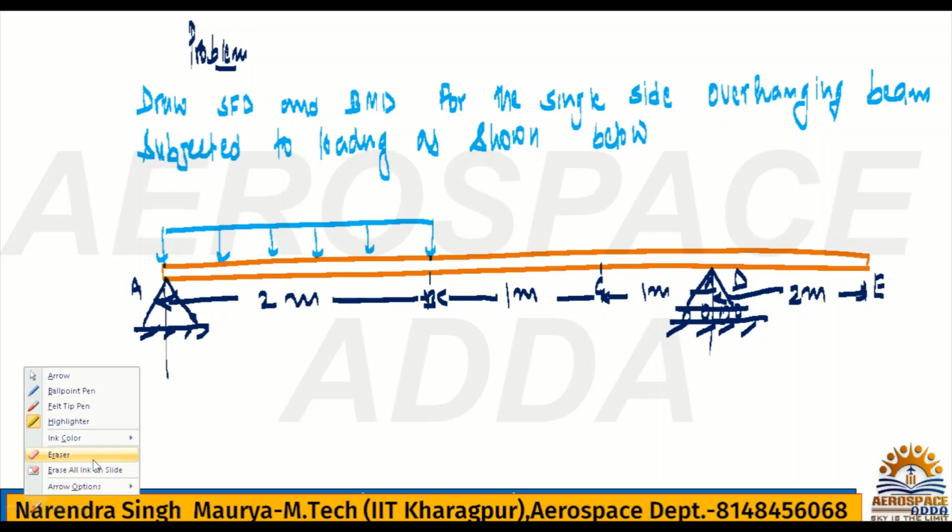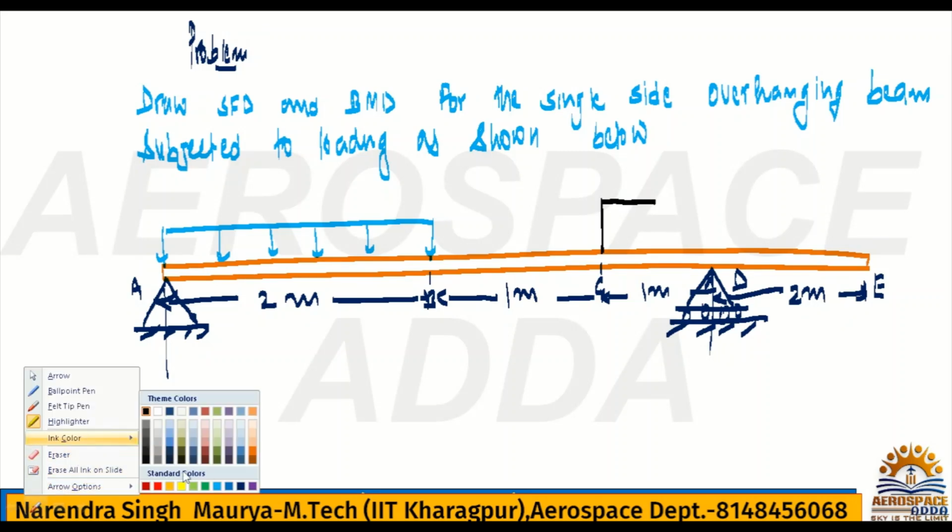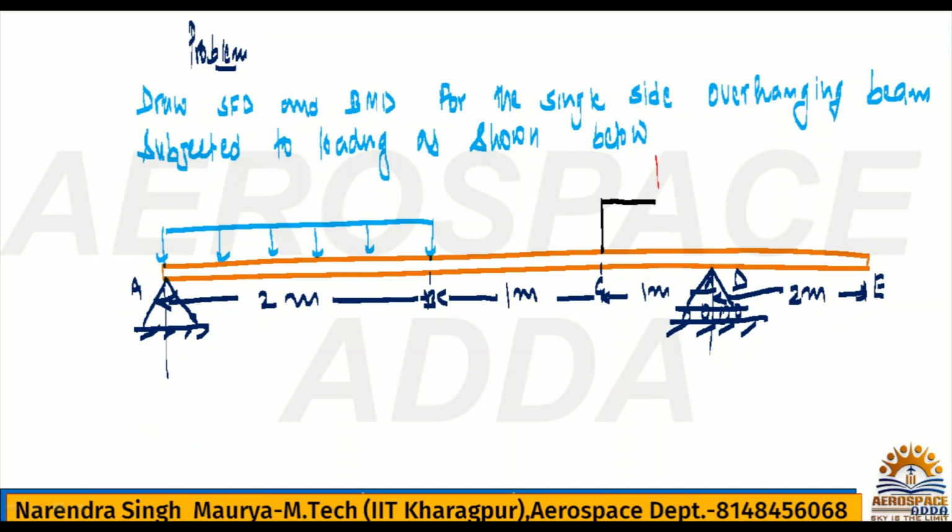And at point C, this type of load is called a bracket load. The bracket load is acting with a given magnitude in Newton. This dimension here is given as 1 meter.